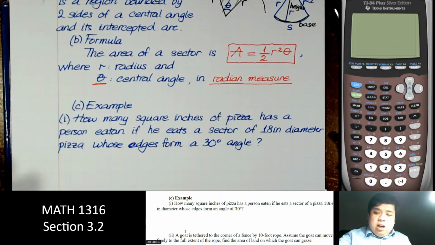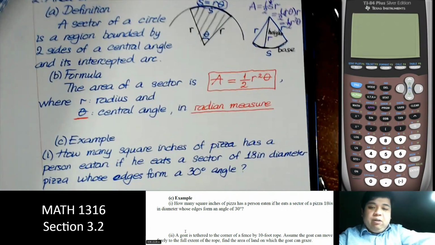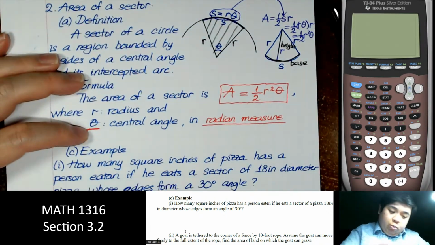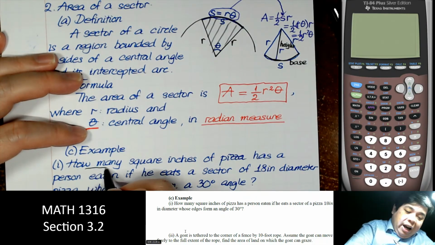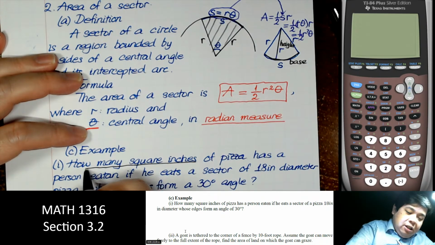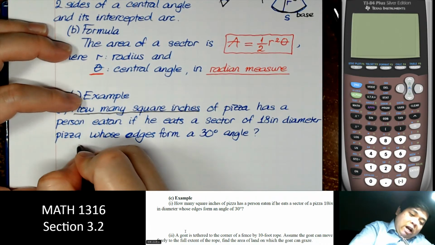Right, so this is not that bad. We just need to write out everything we know and what we're looking for. How many square inches? Obviously they ask for the area.